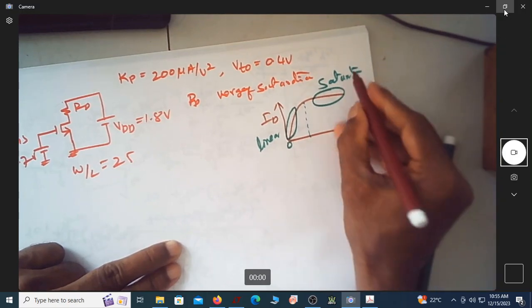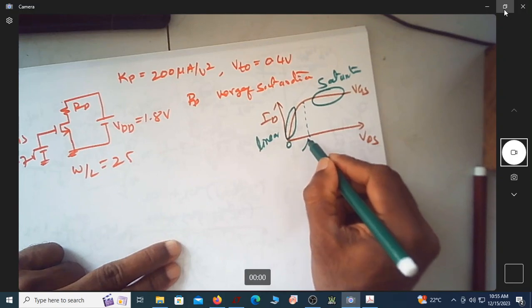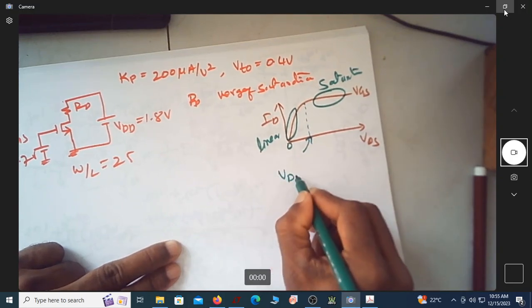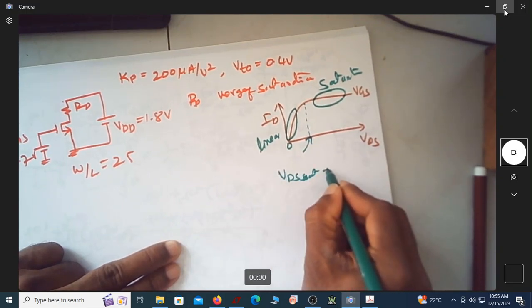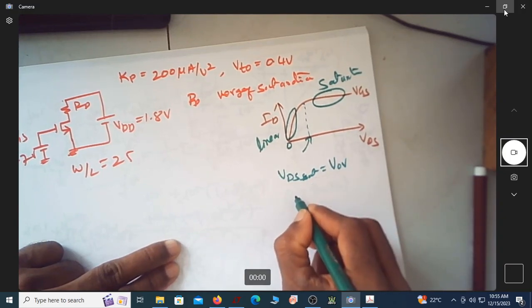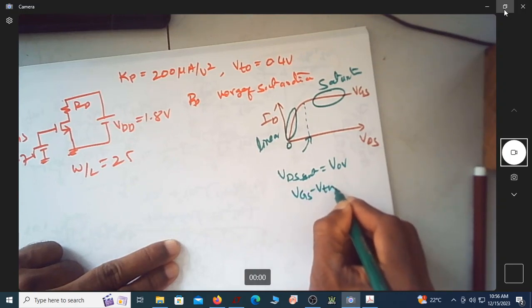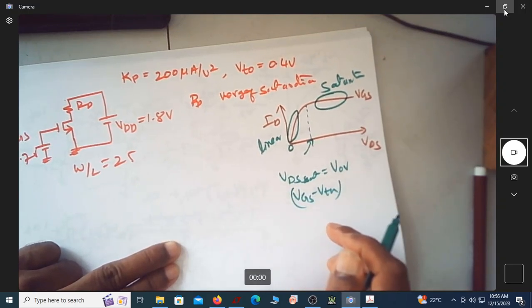This is for a given VGS. This is verge of saturation, we call it VDS sat, or overdrive voltage, which is nothing but VGS minus VTH.